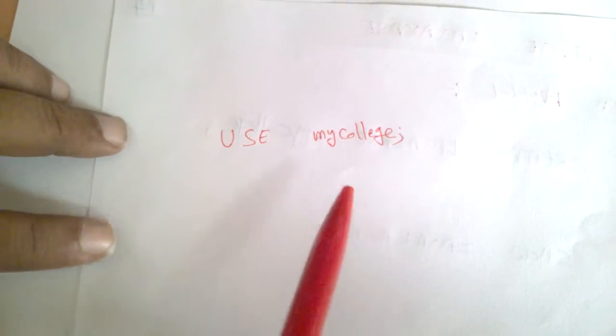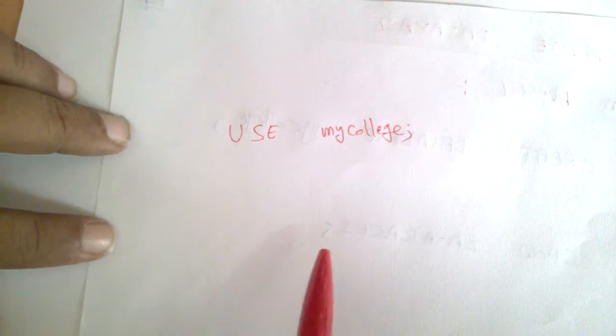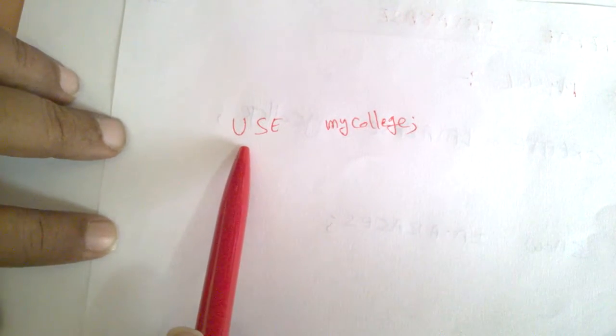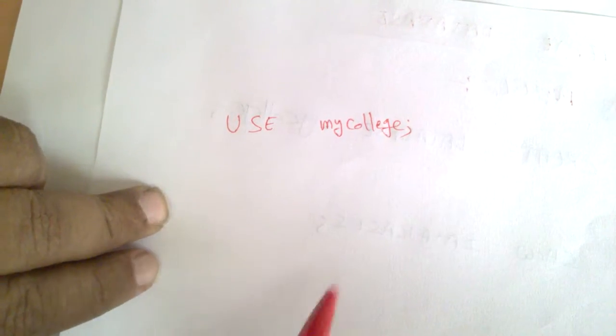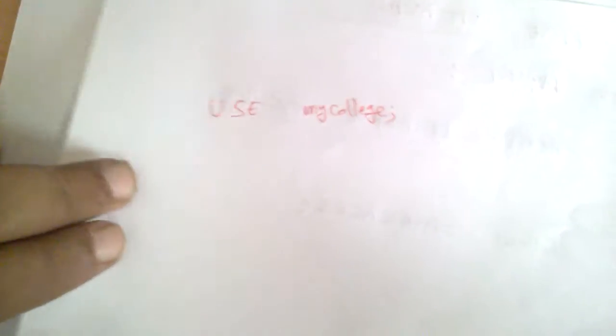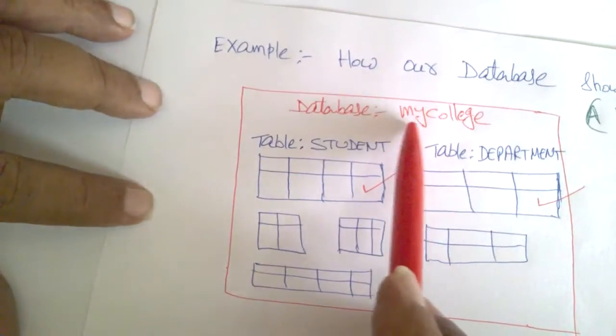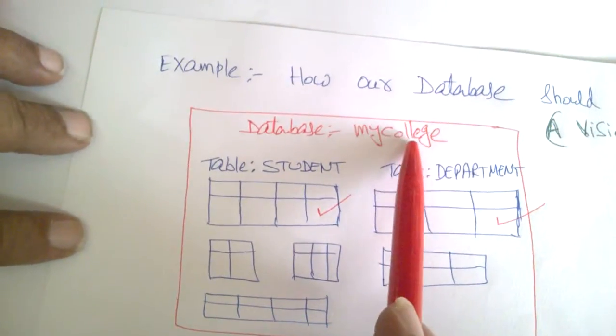Now, after creating the database, when you want to continue with other commands, you need to first use that database. So you give this command so that the database is used, and whatever activity we do will be done to that database. So what we have accomplished so far is that we created this database.